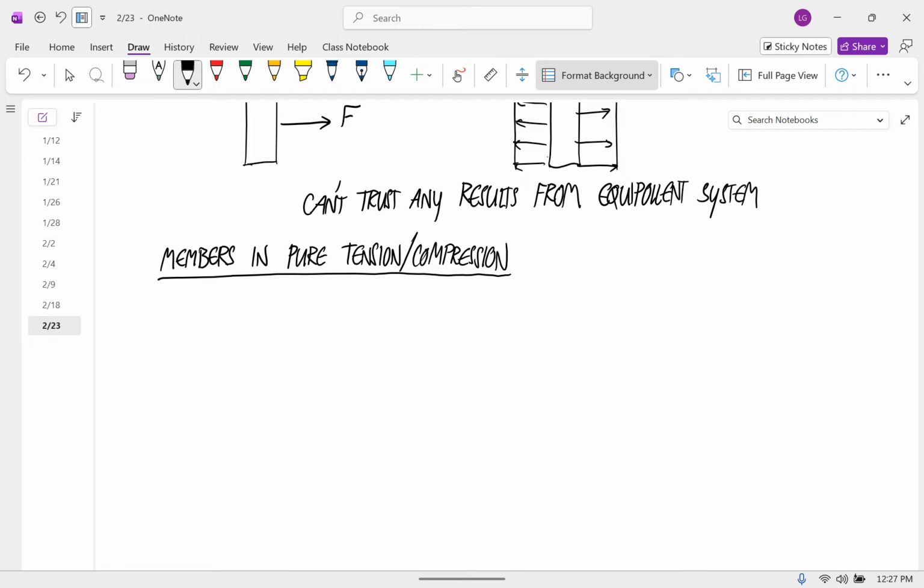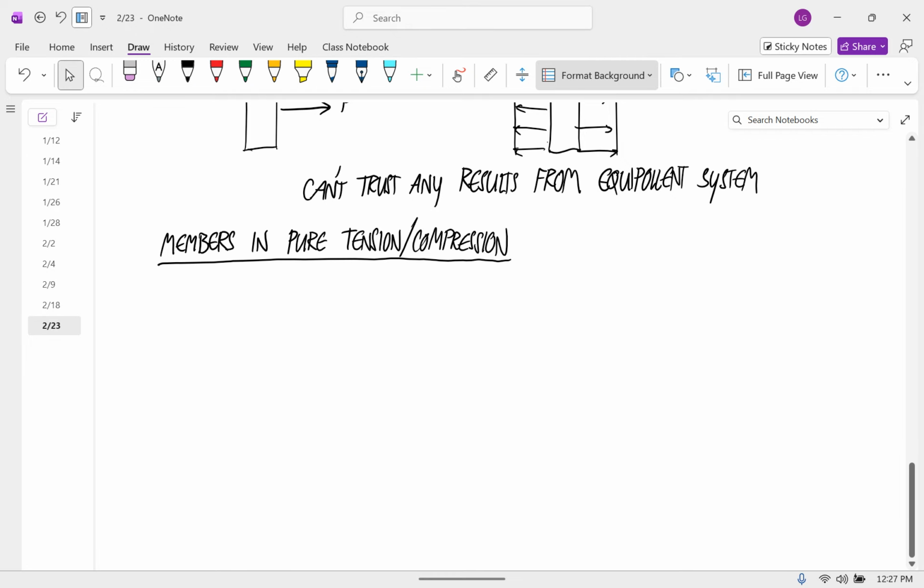And the calculation of the stress in members in pure tension and compression is going to look familiar from the tensile test. So, let's say that we have a member like this, and we put it in pure tension. I could have those going the other direction, and then it's compression.